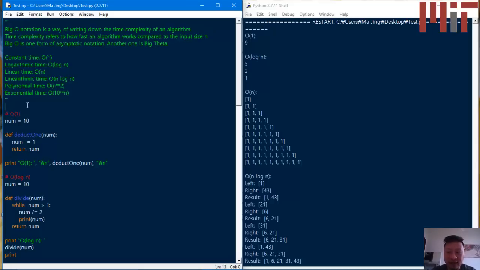Now, why are we doing this topic on Big O notation? Well, some algorithms are faster than others, and when you're writing an algorithm you preferably want the fastest algorithm possible. So you want to be close to constant time or logarithmic time instead of polynomial or exponential.